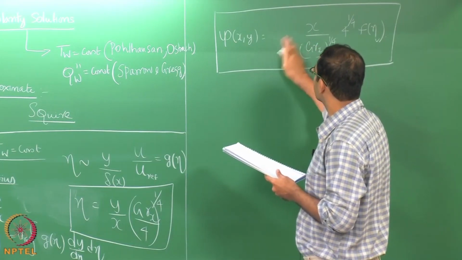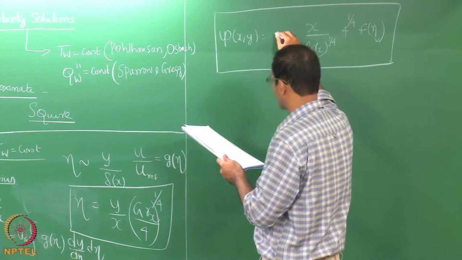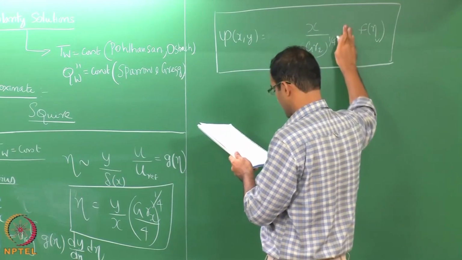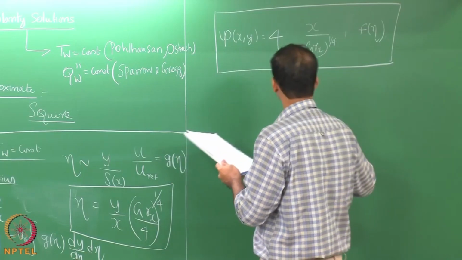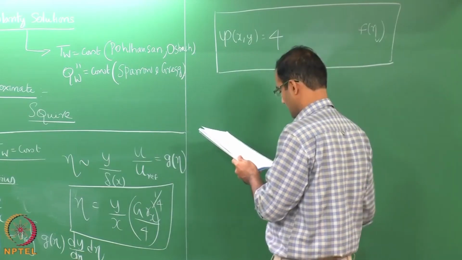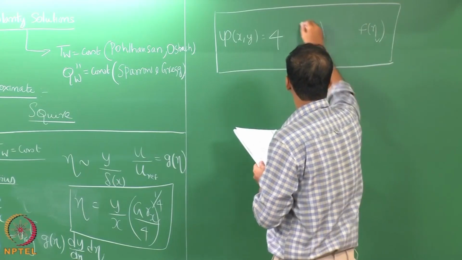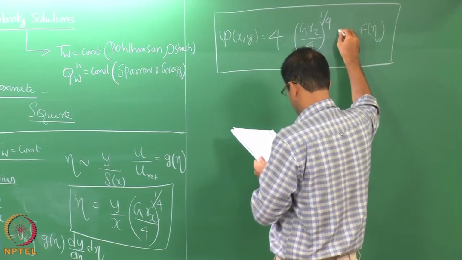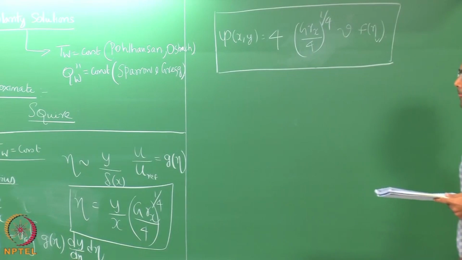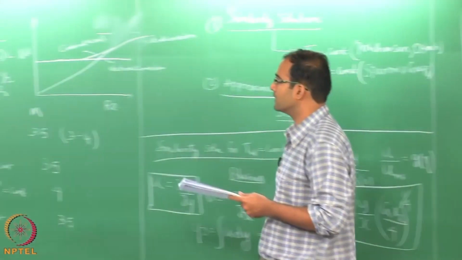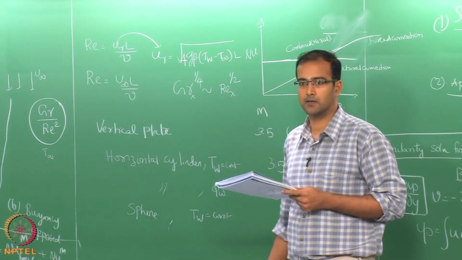So, if you substitute for u reference here and combine the terms, you get 4 into Grashof by 4 power 1 by 4 into nu times f of eta. Okay. So, what we are doing is we are writing g beta into T wall minus T infinity in terms of Grashof number.